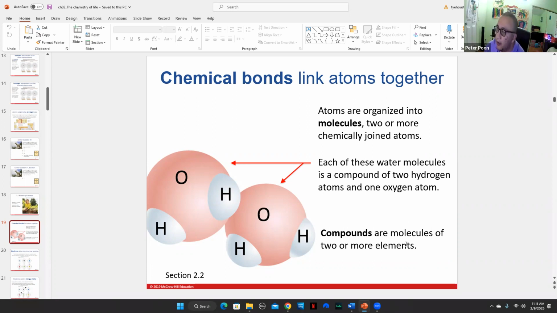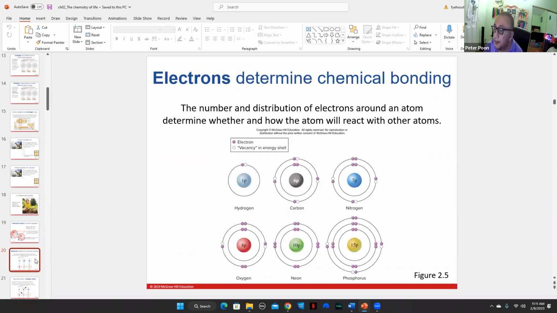Compounds are molecules of two or more elements. How you determine chemical bonding has to do with electrons, which are in the outermost shell. Let me explain how far away everything is.